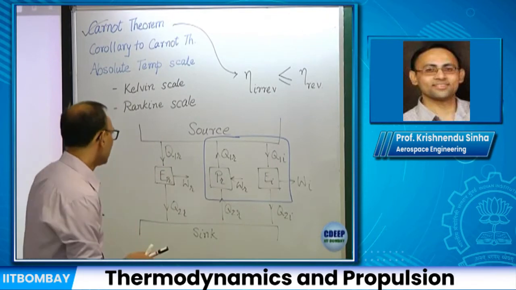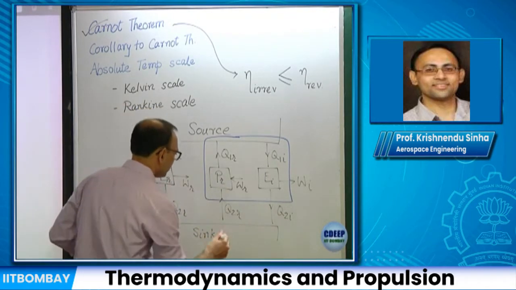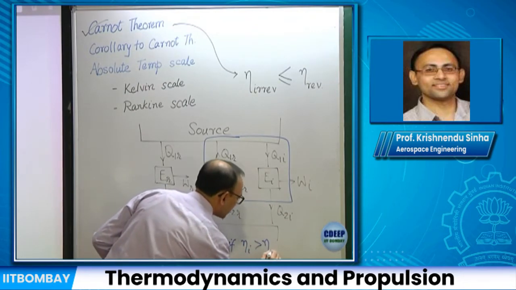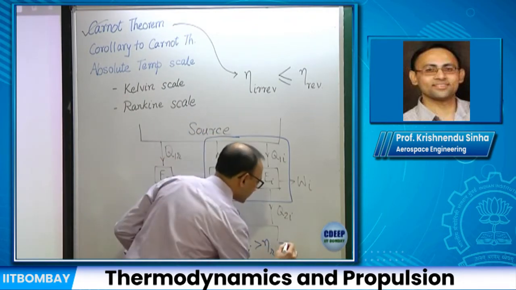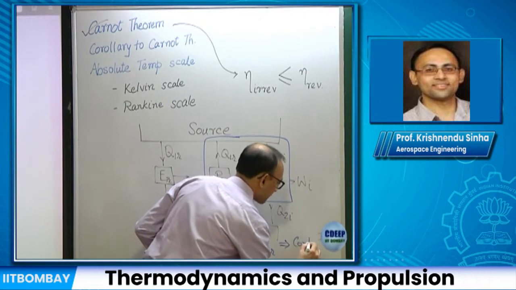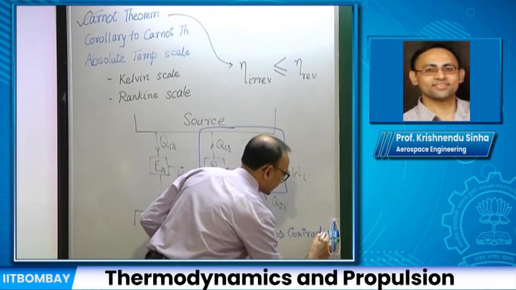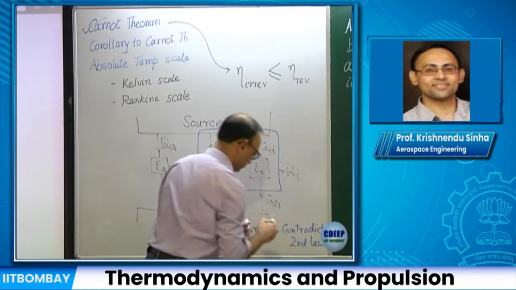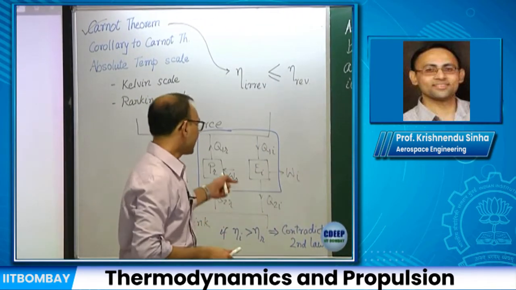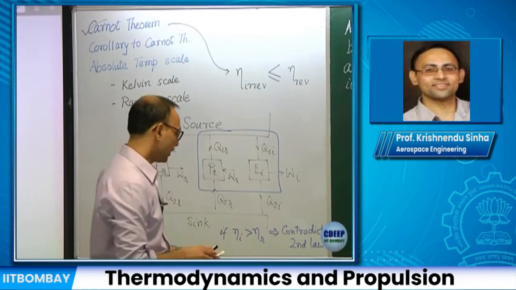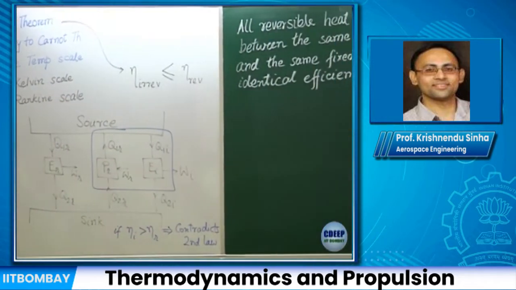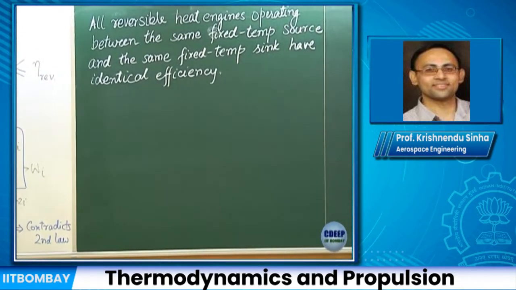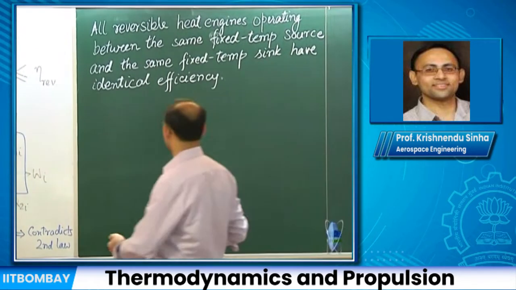So that was the idea. We said that if eta I is greater than eta R, this contradicts second law.